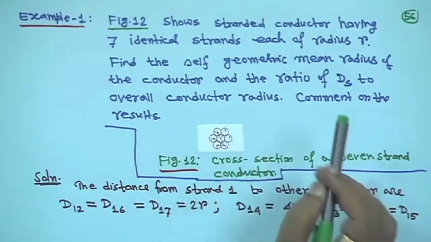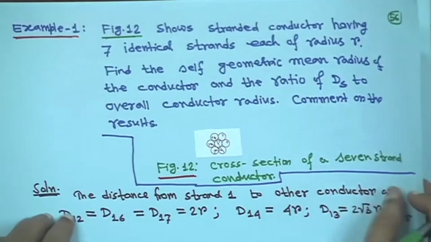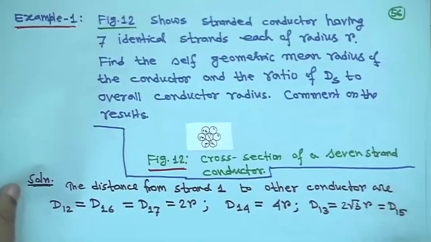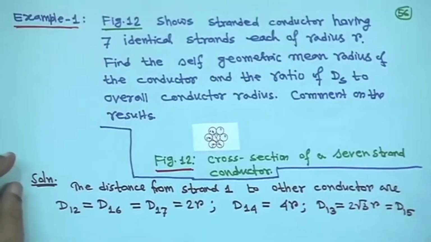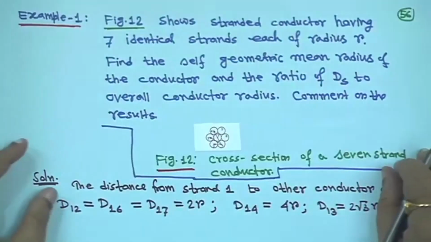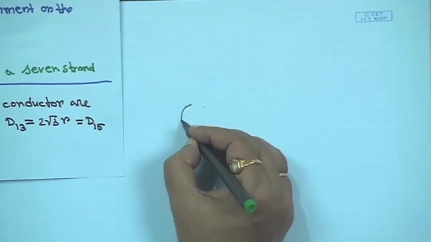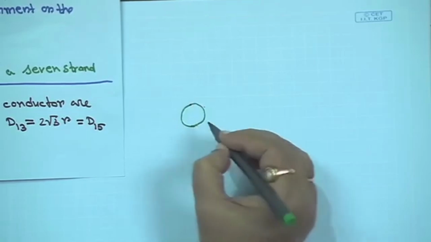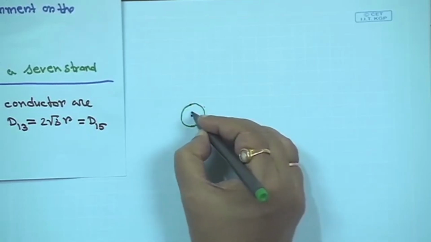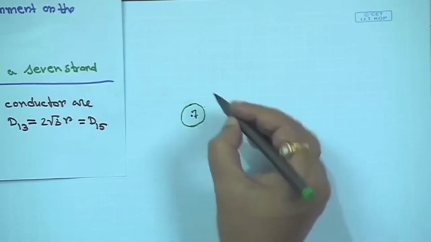So this is the configuration. I hope it will be readable to you, but I am trying to make it a little bigger. This is the central strand, and this number is 7.